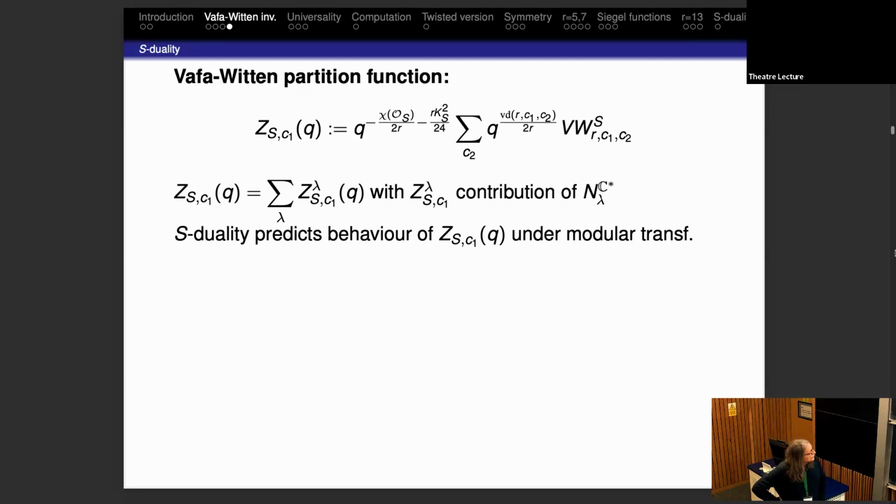So this will decompose with contributions corresponding to partitions lambda, or rather to divisors of R, where the lambda term will be the contribution of the corresponding component of the moduli space. And now S-duality predicts a certain behavior of this generating function under modular transformations.